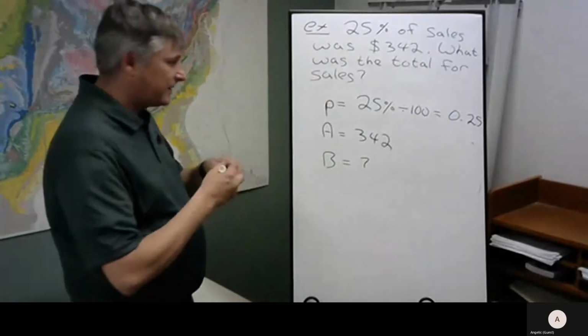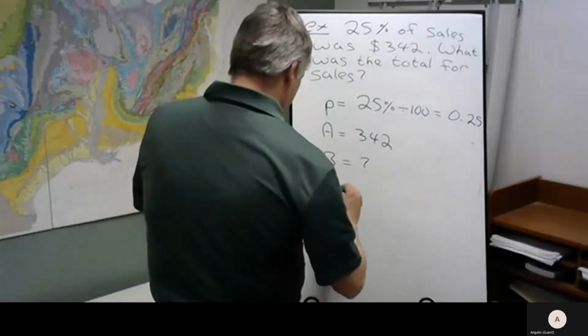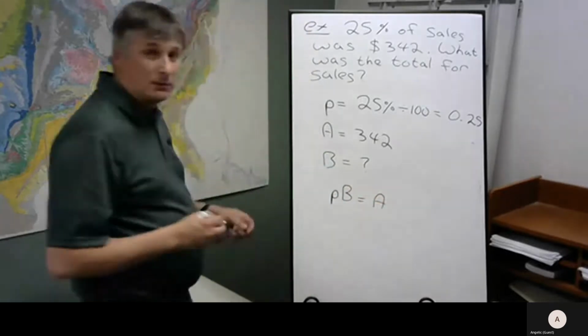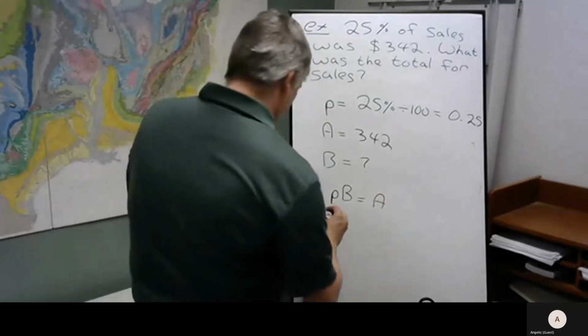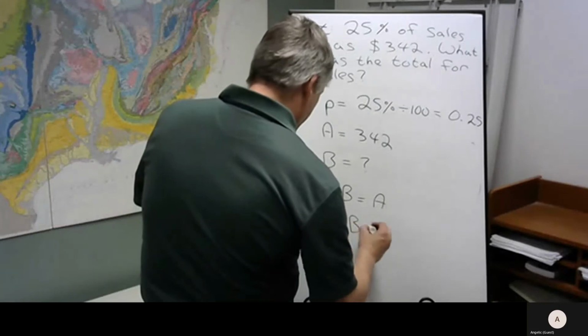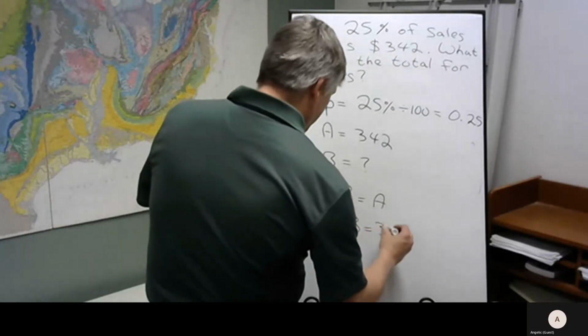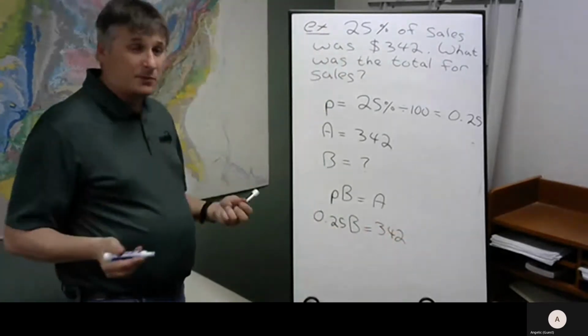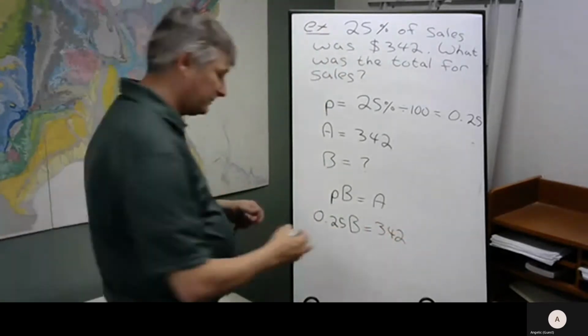So now we put everything together. Our PB is equal to A, or 0.25 times B is equal to 342. We'll divide both sides by 0.25.